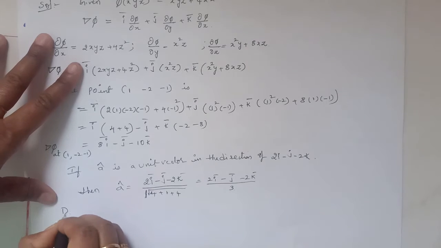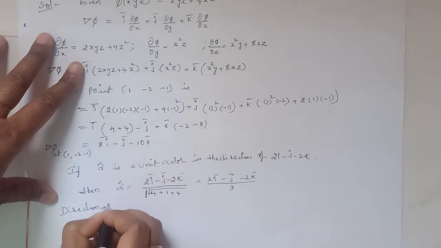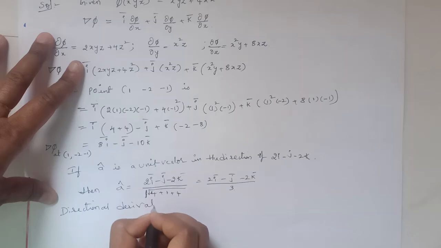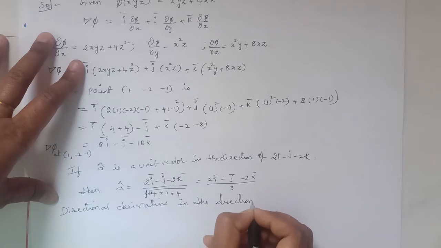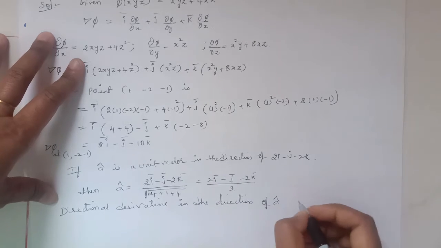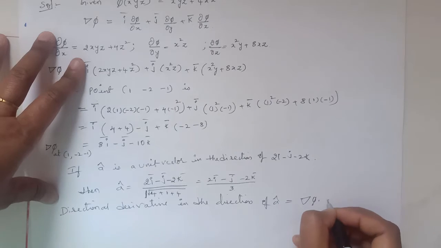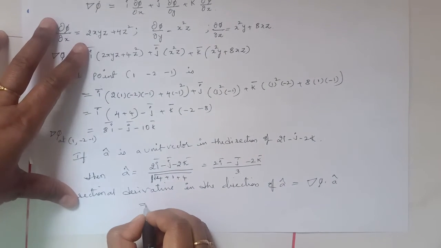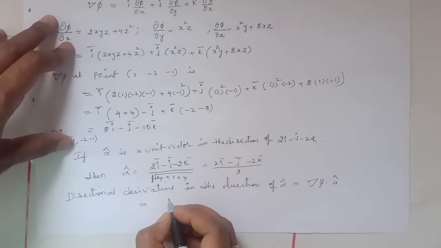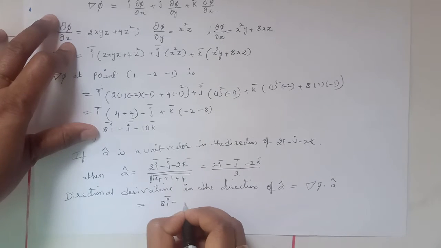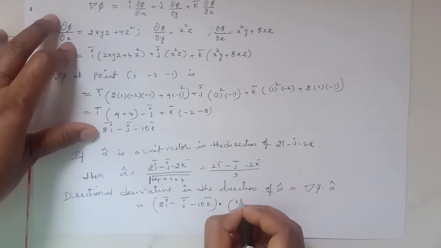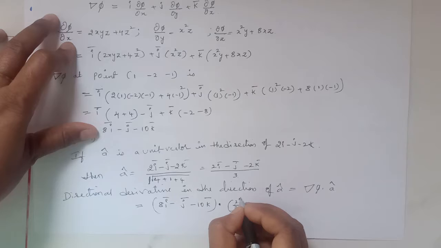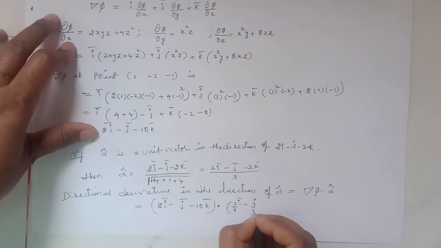Now we need to find the directional derivative. Directional derivative in the direction of a cap is equal to del phi dot a cap. So this is equal to del phi at (1, -2, -1), which is 8i - j - 10k, dot 2 by 3 i bar, 1 by 3 j, minus 2 by 3 k.